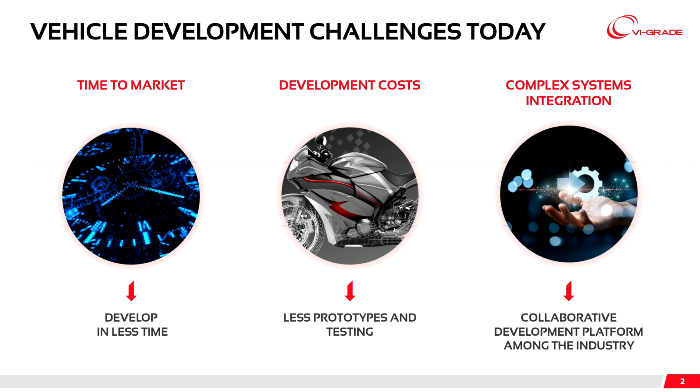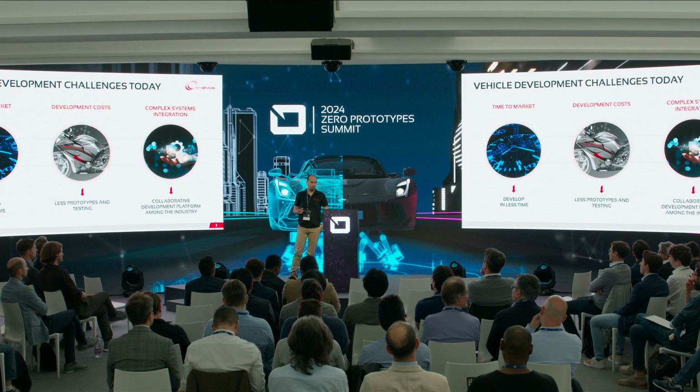This slide looks pretty familiar to all of you, due to the need to reduce the development time to model motorcycles and the necessity to reduce or zero the physical testing and prototypes.